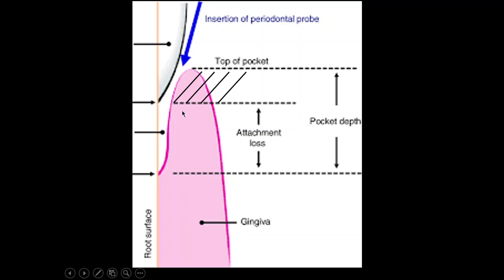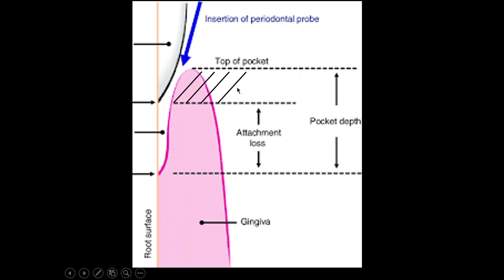As we see in the video, the inflammation starts to detach the fibers from here, reaching to the base of the pocket. So when we insert the periodontal probe from here to here, it is the pocket depth. But the area from the CEJ to the base of the pocket is the attachment loss. And this is the top of the pocket.